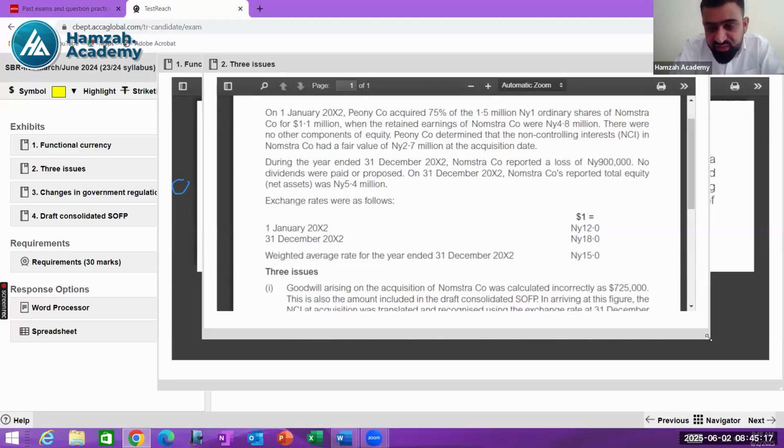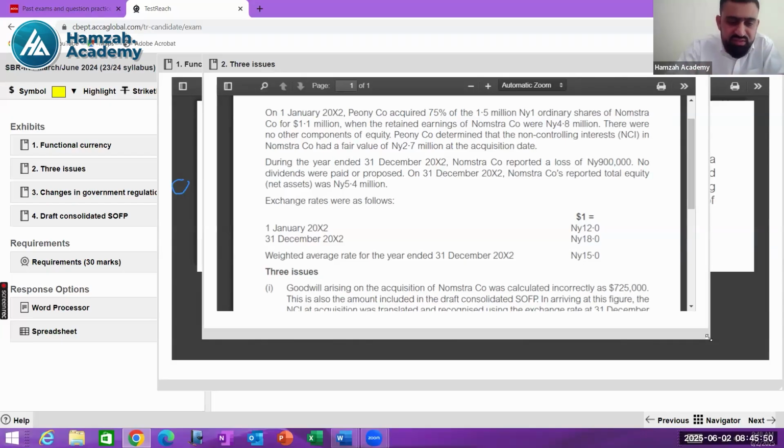P company determined the value of the NCI at the date of acquisition at fair value, which is 2.7 million N1. During the year, they reported a loss of 900 N1. No dividend was paid or proposed, and at the year end, their net assets are 5.4 million N1. At the date of acquisition, the exchange rate was 12. At the year end, it is 18, and the weighted average rate is 15.